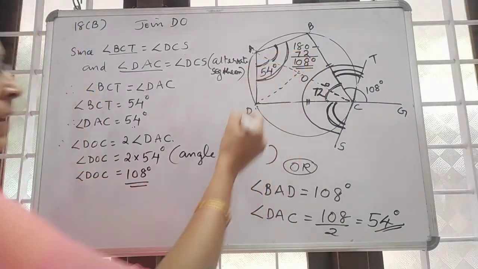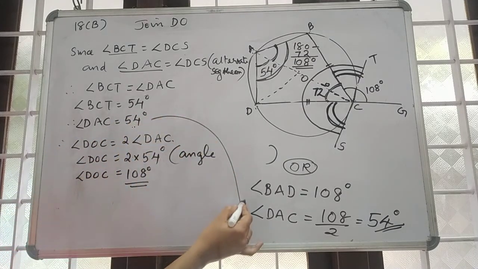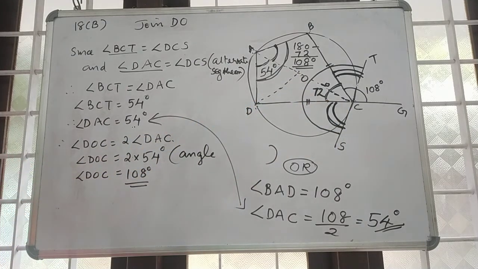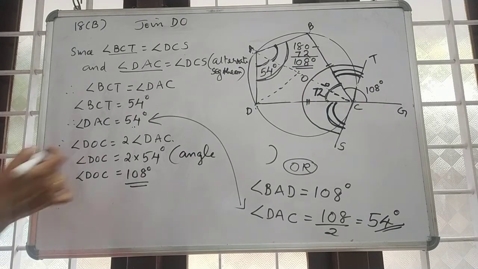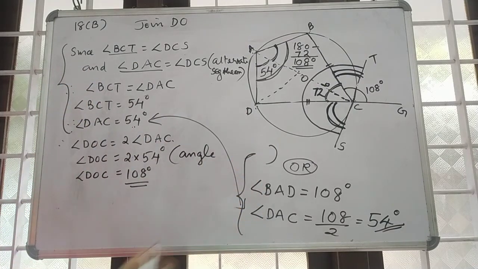So from the first part itself we can find out angle DAC. So angle DAC is equal to 54 degrees. We can say that DOC is equal to 2 into 54, which is equal to 108 degrees. So you can follow either this method or the other method.